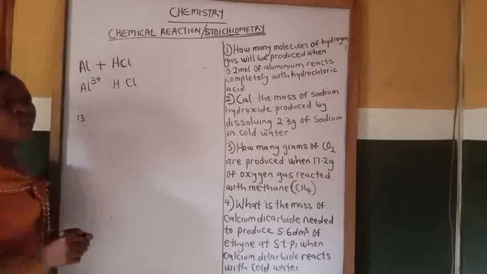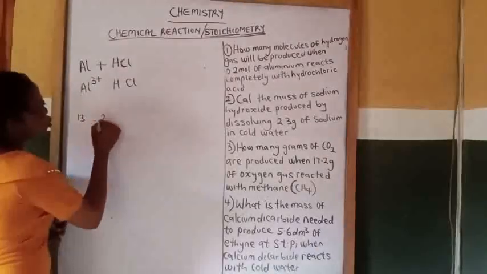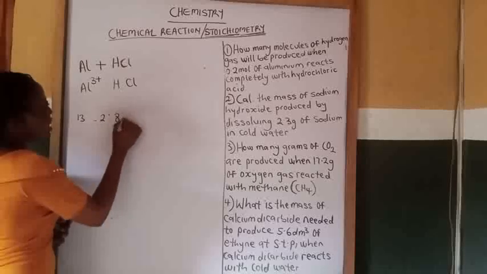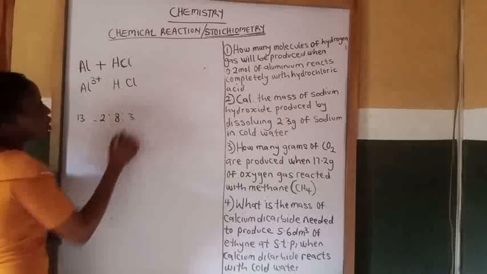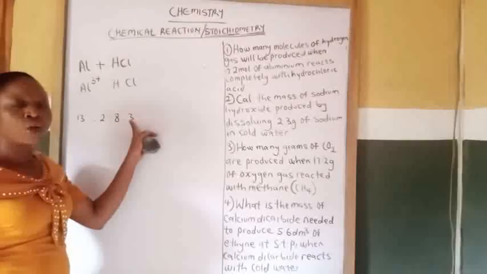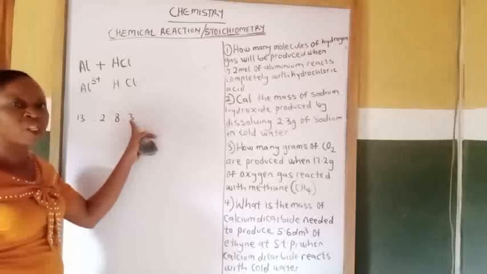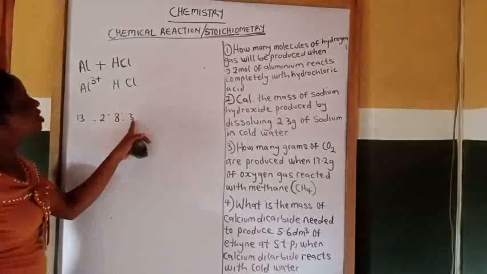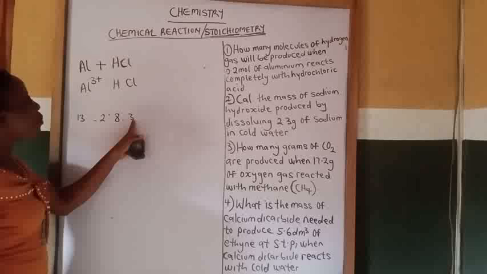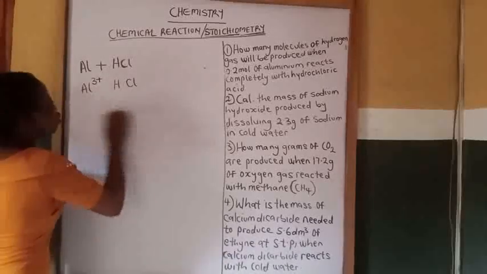If I write the electronic configuration of aluminium, it will be 2:8:3. So the number of valence electrons is 3, and those elements with 3 valence electrons are positively charged. So the charge on aluminium is +3.